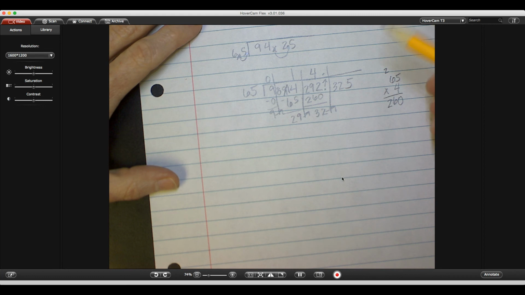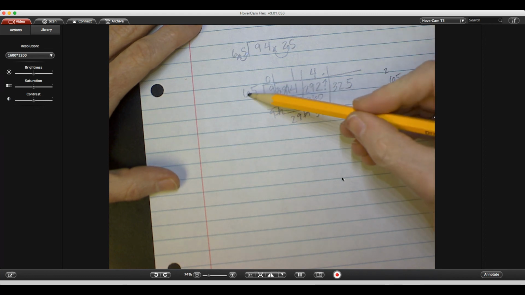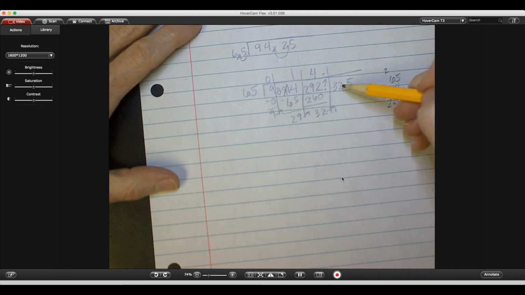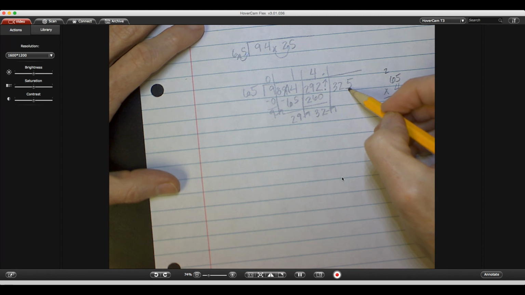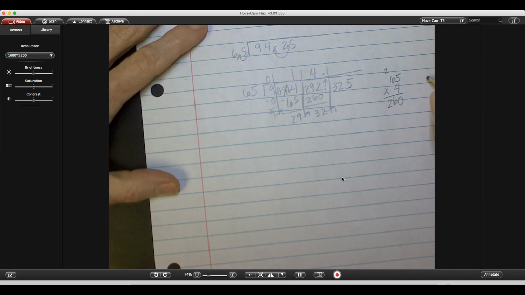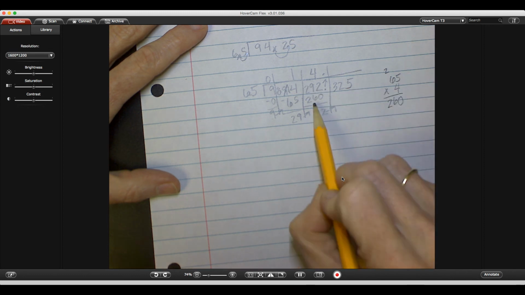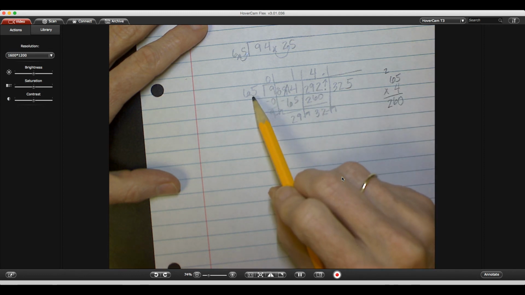Okay, so again, 65 is almost 70. This is almost 300, but it's a little over. So how many 70s could I get into 300? Well, 1 70 is 70, 2 70s is 140, 3 70s is 210, 4 70s is 280.